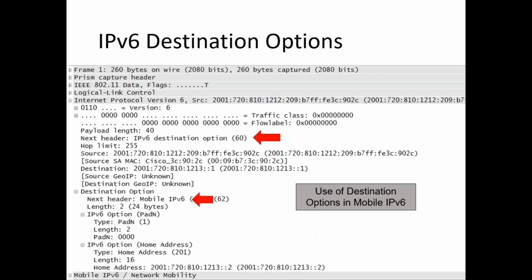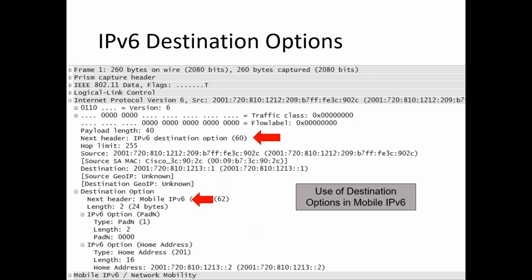And so here's the use of destination options in mobile v6. And you can see here, it says right away, the next header is IPv6 destination option. And this is a source address, which is a unicast address. And it has then the destination option itself going on.